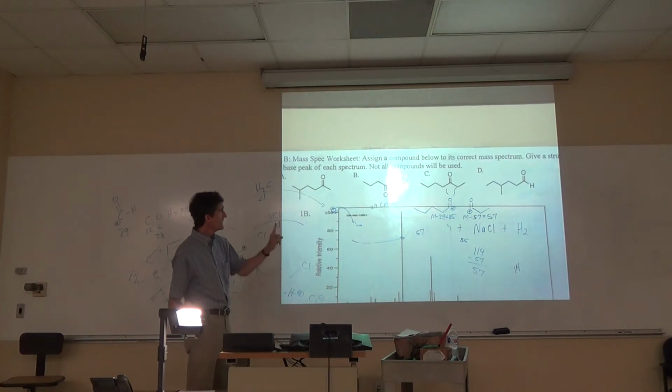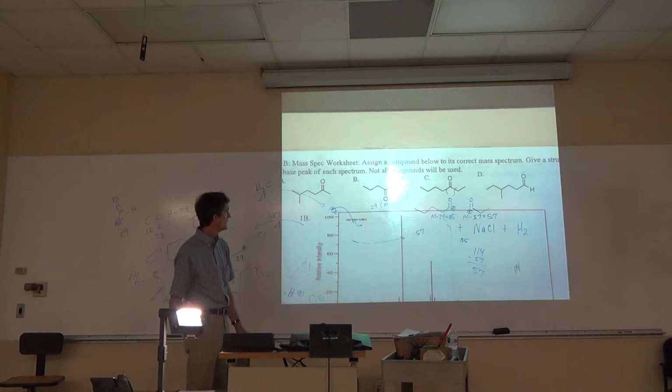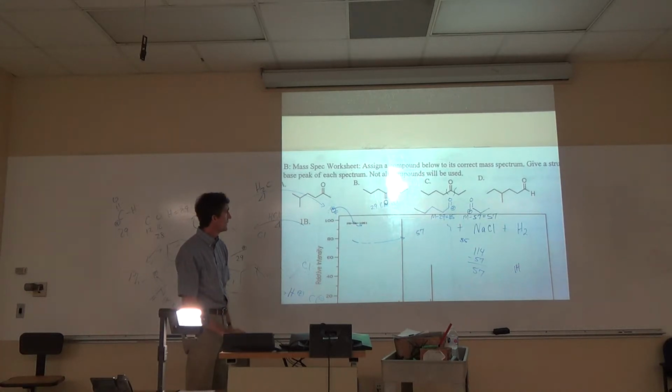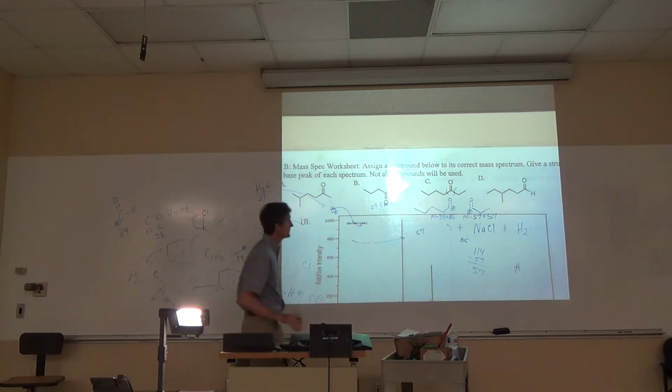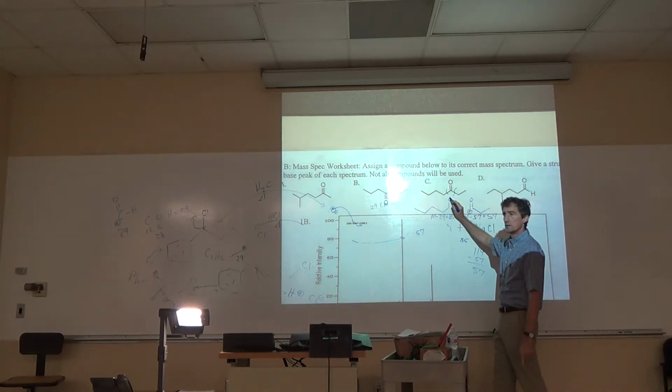Do we predict 85 and 57 for any of the others? That would also give you a 29 though, if the opposite side of the 85 is what created the cation. Because there's a 29 peak that she was asking about.